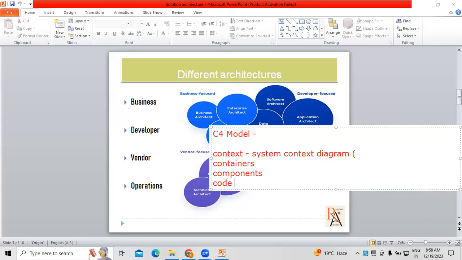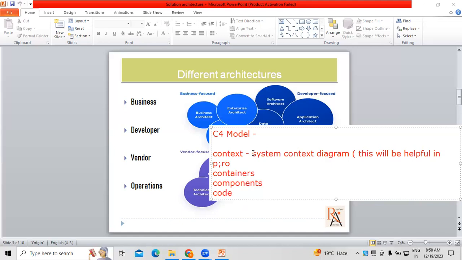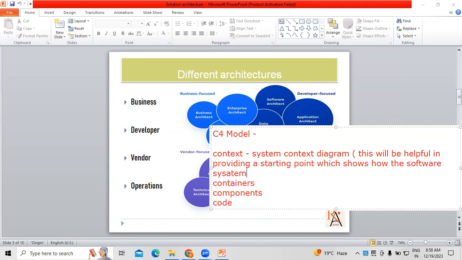Generally, the system context diagram is provided as a helpful starting point which shows how the software system in scope fits into the application.